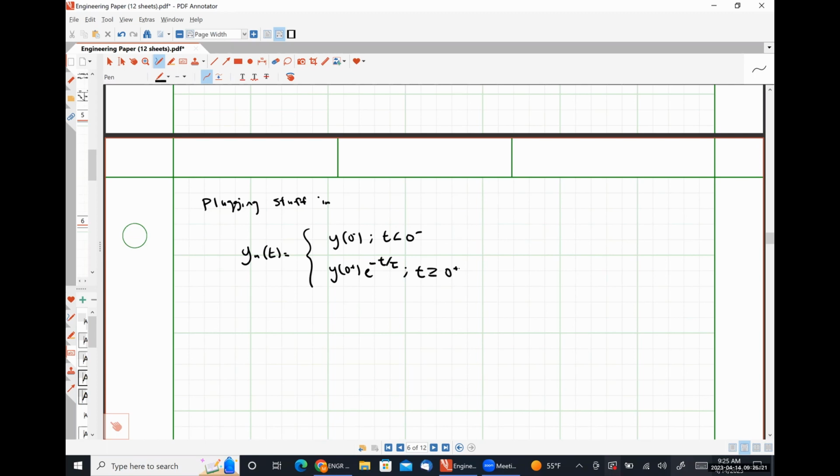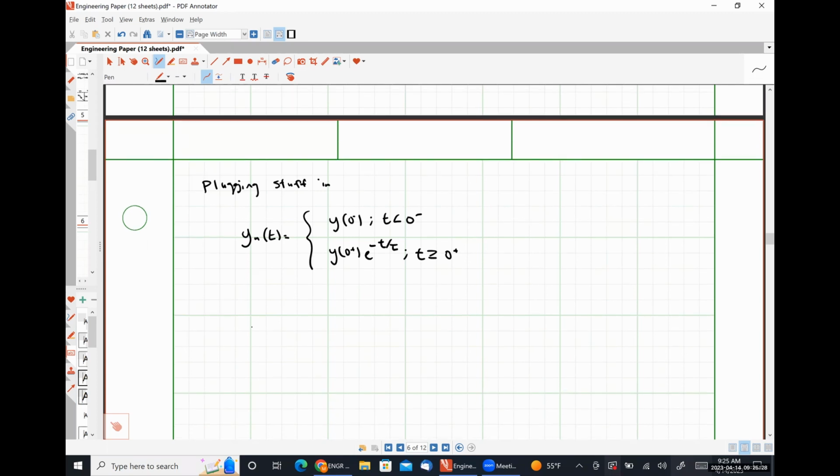I hear whispering. If you have questions, by all means, ask, please. I understand that this is new. It might be slightly confusing. So for our inductor current, we're going to have 5 milliamps and then 5 e to the negative 750,000 t milliamps for t greater than or equal to 0 plus.